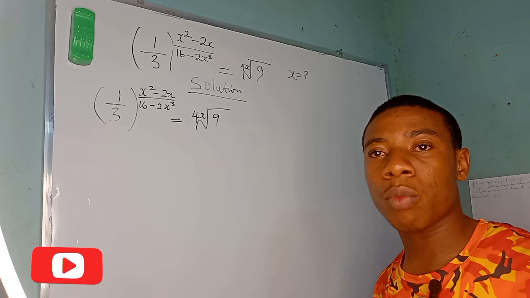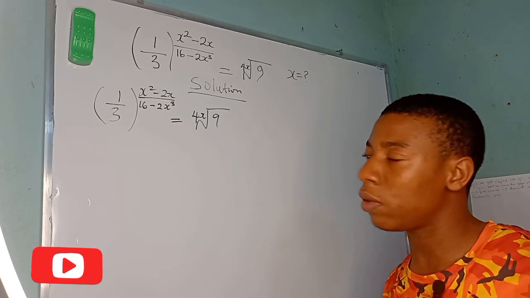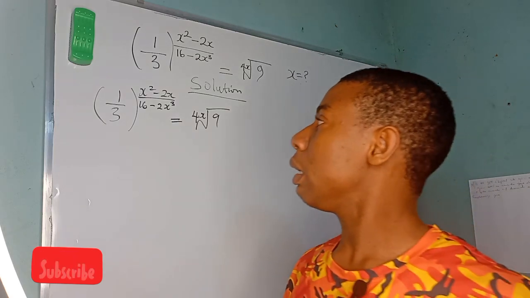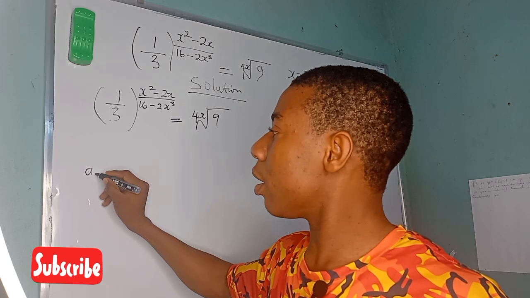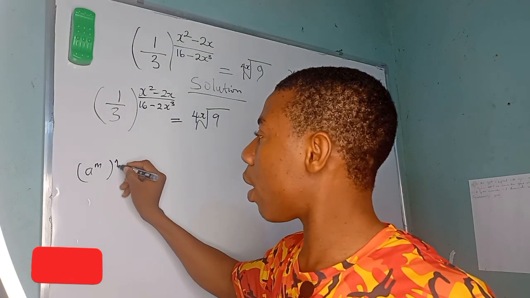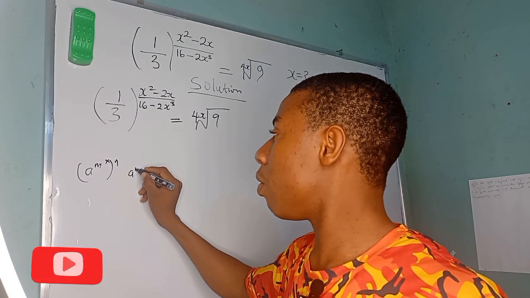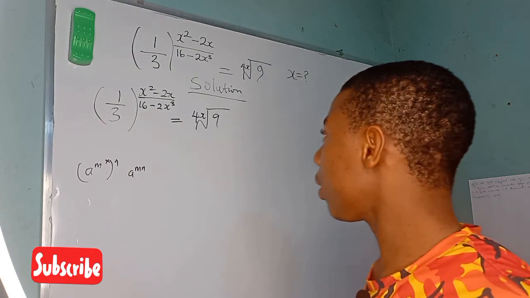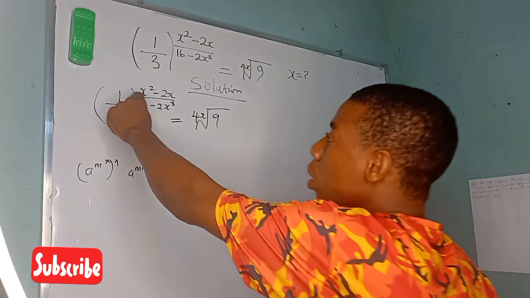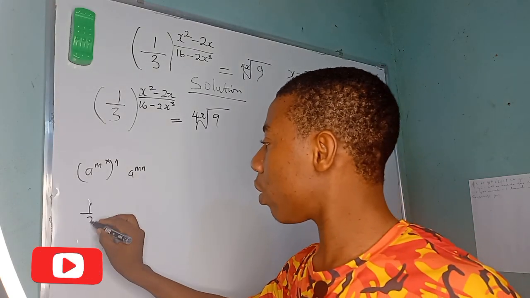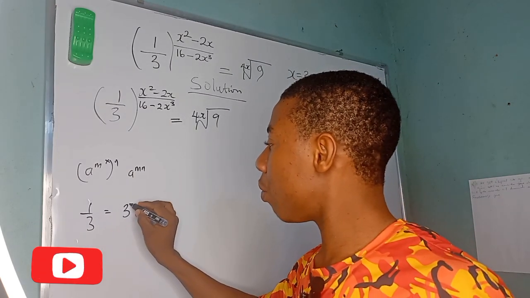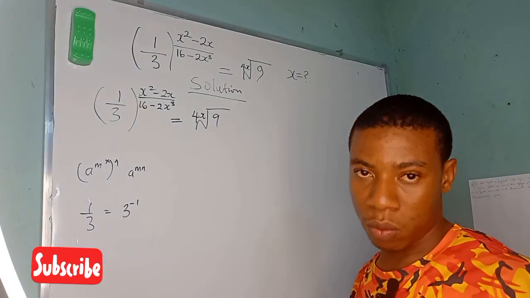Now we are going to apply some common laws of indices. The law says that if we have a raised to power m, all raised to power n, we multiply the powers. This is going to be a raised to power mn. Also, 1 over 3 can be written as 3 raised to power minus 1.